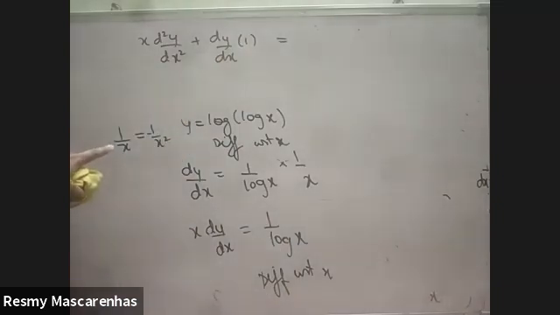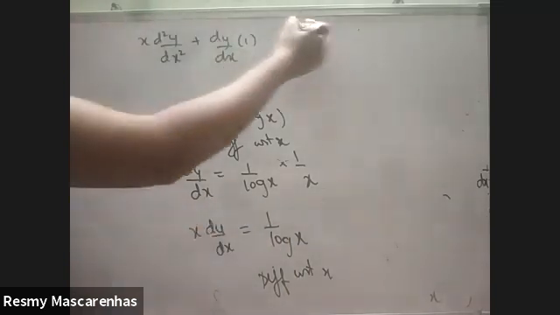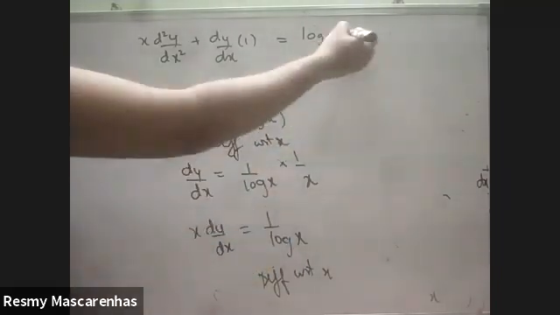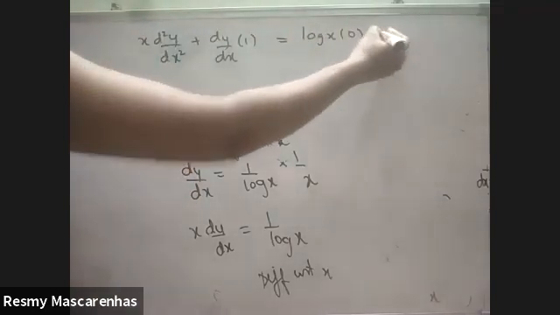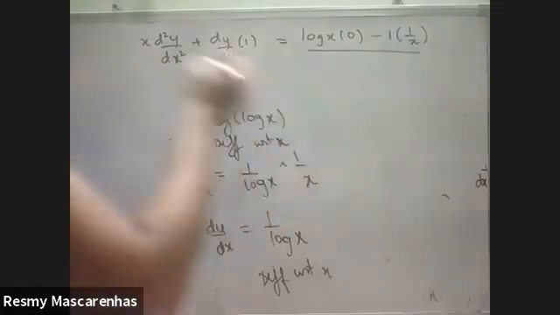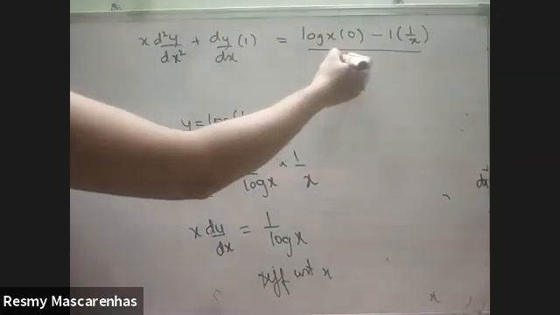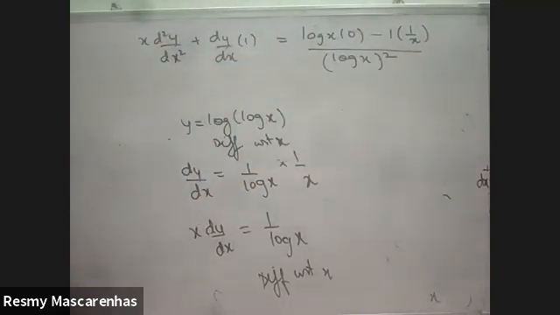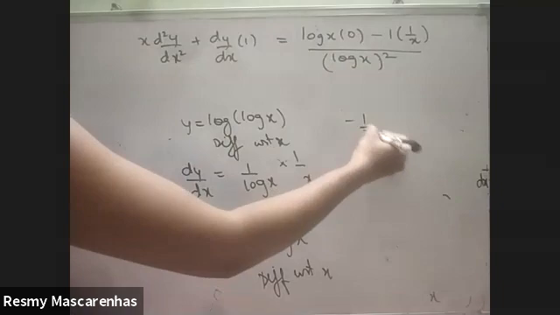Either you can straight away use this formula, or you can use that u upon v rule. So that will be v into derivative of u. u is 1, so that will be anyway 0, minus u into derivative of v upon... Anyways, it will be like 0 minus 1.